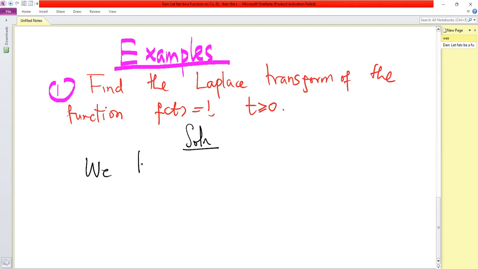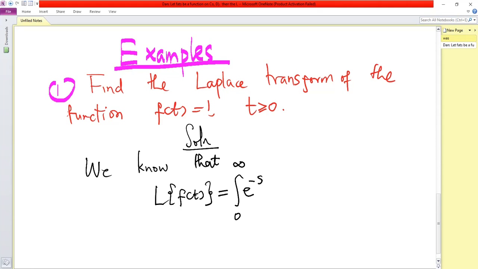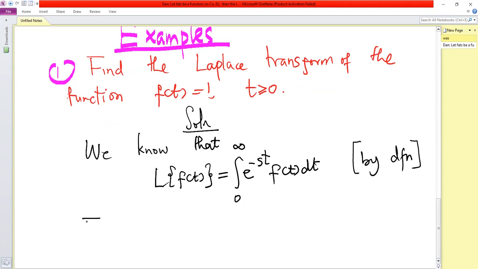We know that the Laplace transform of a function f of t is defined by the integral from 0 to infinity of e raised to power minus st times f of t dt. This is by definition. So this implies that the Laplace transform of 1, which is our f of t, is the integral from 0 to infinity of e raised to power minus st times 1 dt.